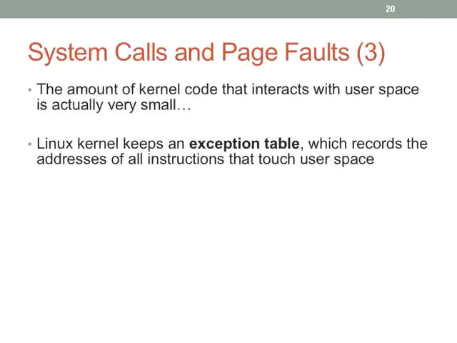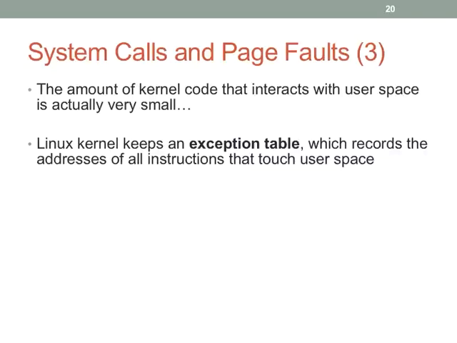Since it's small, let's keep track of all of those addresses of the instructions that interact with user space. That is in this thing called an exception table. There's other information in it as well, which makes it too complicated to create slides to explain, and it's not interesting enough to explain anyway. But basically, we just keep track of all the instructions that touch user space.